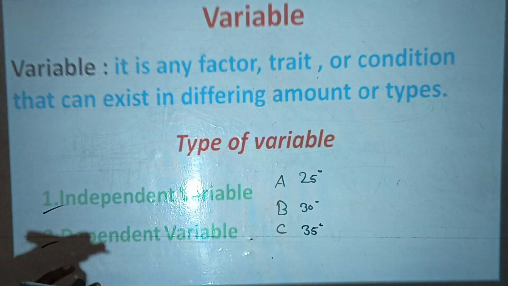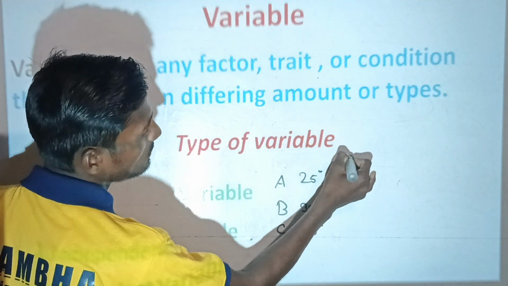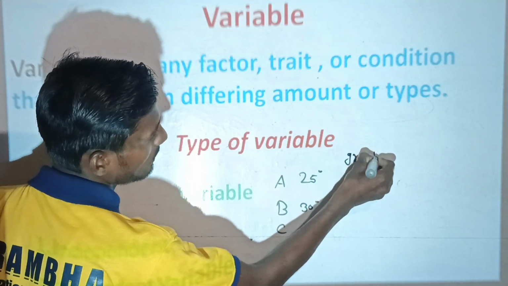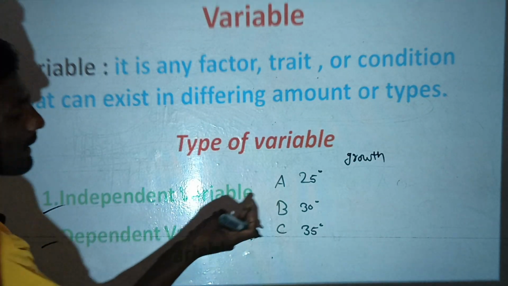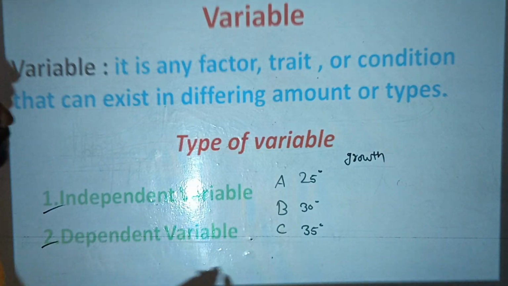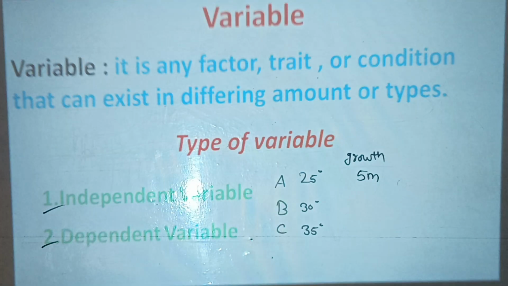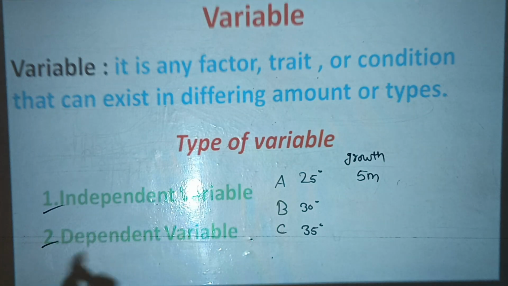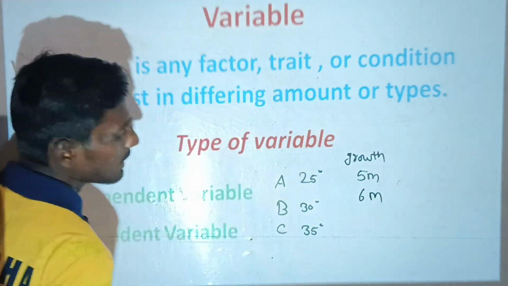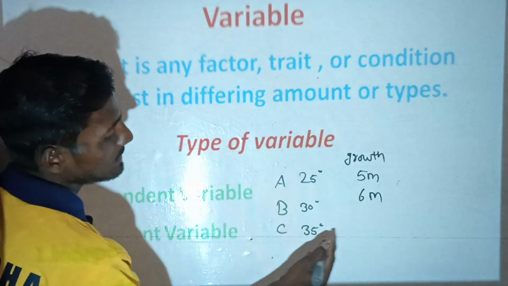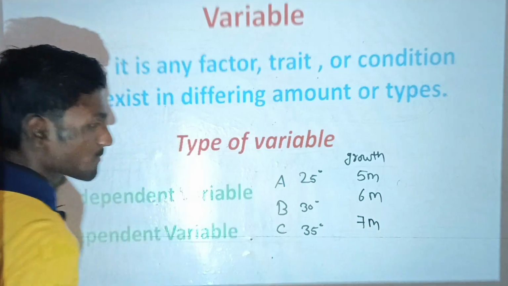If you take the growth rate, plant A can grow 5 meters in height at 25 degrees Celsius, plant B at 30 degrees Celsius can grow 6 meters, and at 35 degrees Celsius the same plant grows to 7 meters.